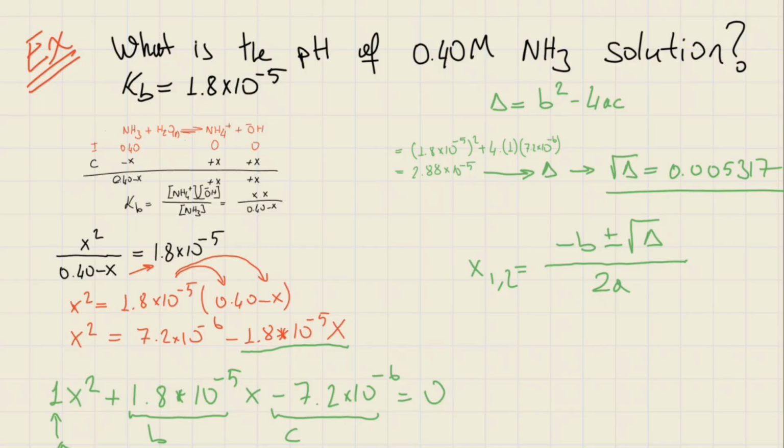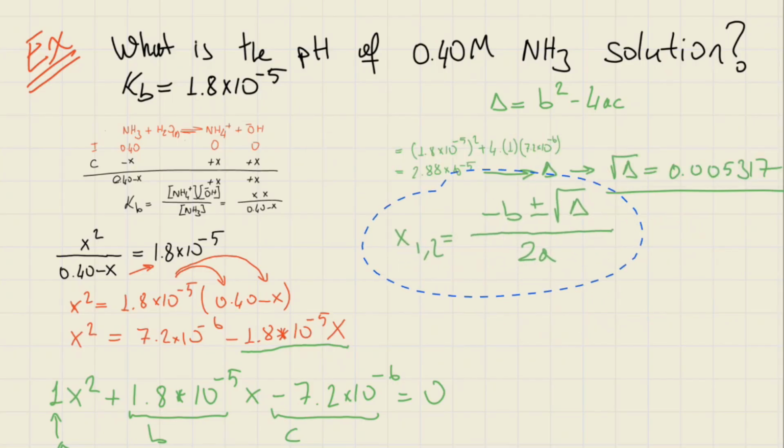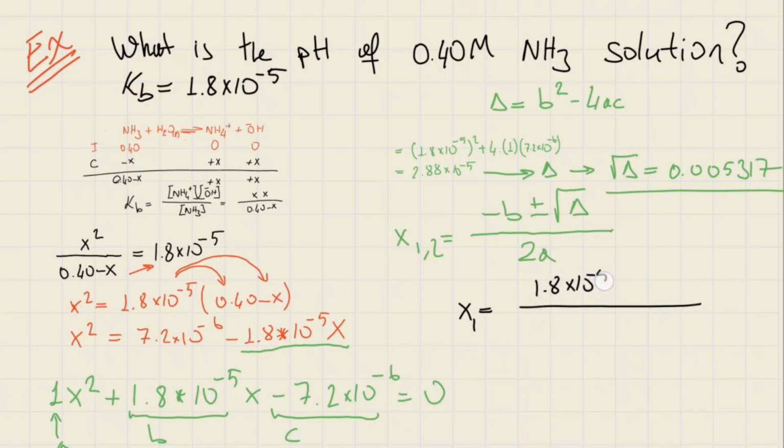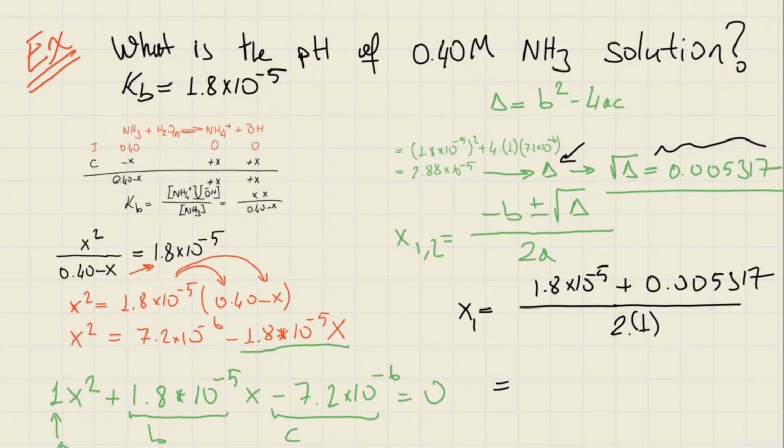And I want to calculate x here. x will be equal to minus 1.8 times 10 to the minus 5 plus the square root of delta, which is this number, over 2a, or 2 times 1, and if you calculate it, it will become 0.00267.